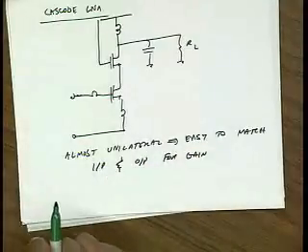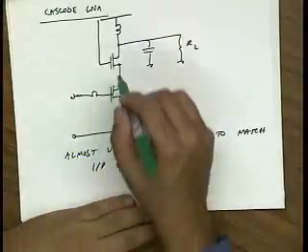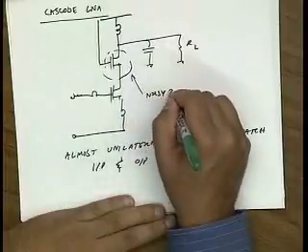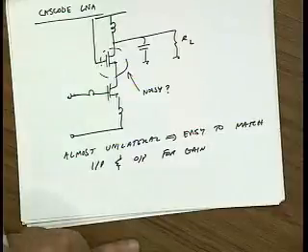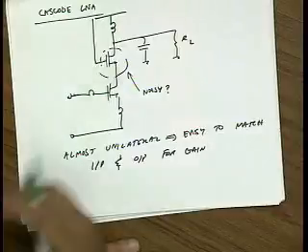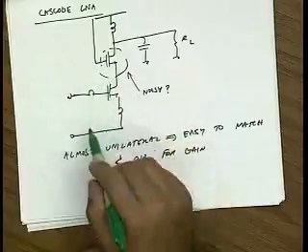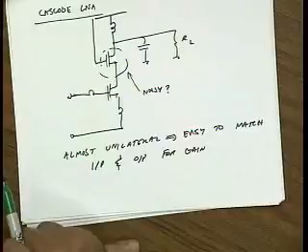Okay. So the question is, what about the noise of this cascode device? Is this going to introduce more noise into our LNA, right? We worked so hard to make this a low noise device. Now we put another transistor there, and it has the potential of messing things up.